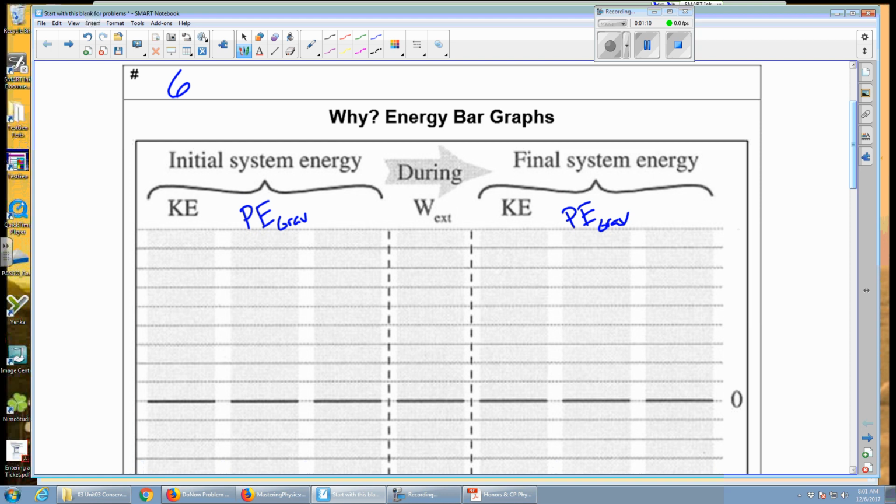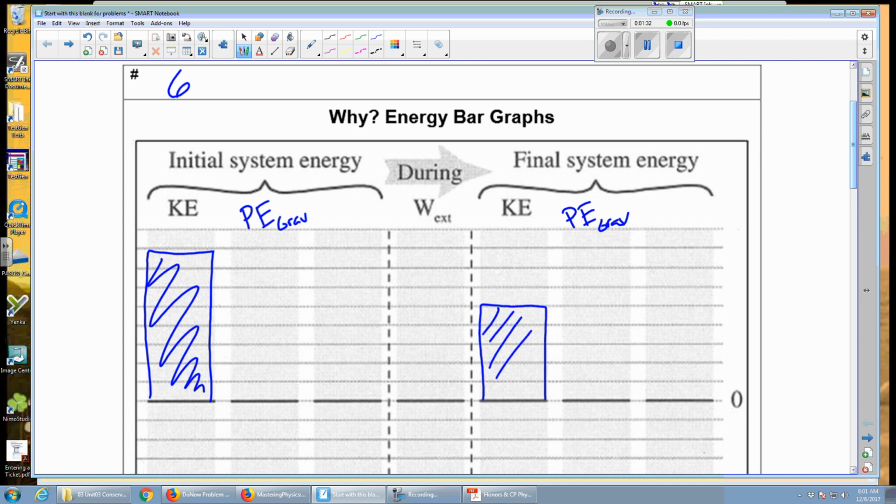So I'm going to start by giving it a whole big bunch of kinetic energy. And then gravity is going to do work on it, but that's internal work, so I'm not going to give it any external work. And I know it's going to end up with less kinetic energy than it had before because it's going slower.